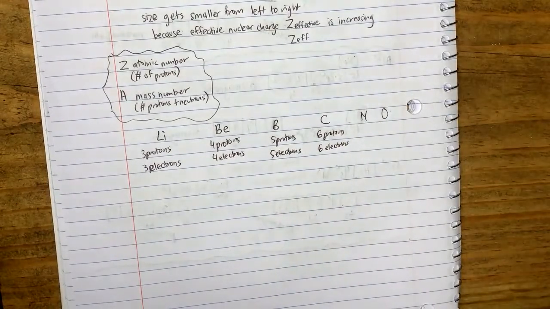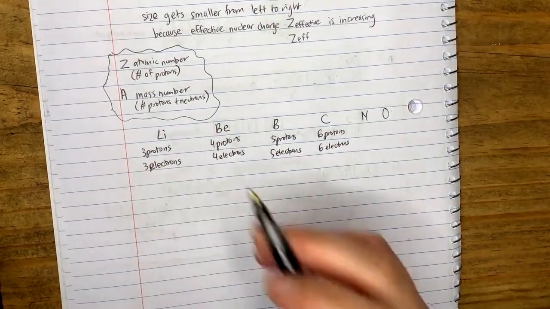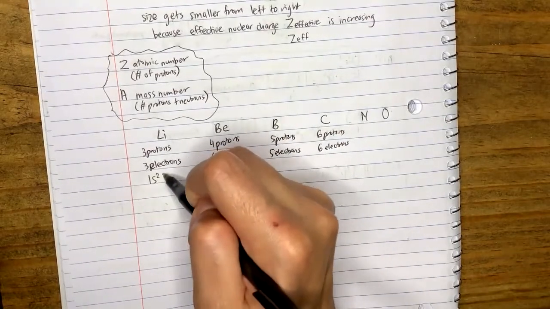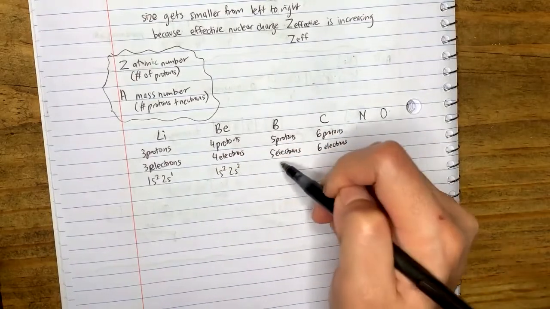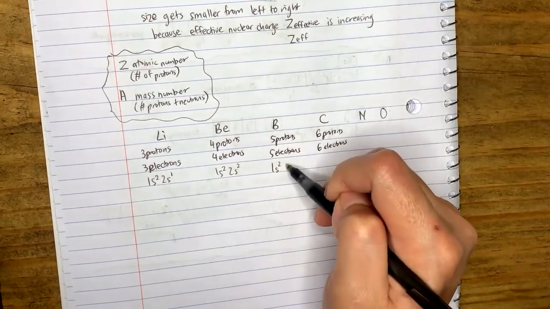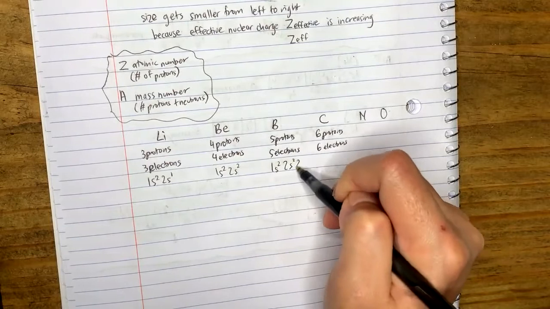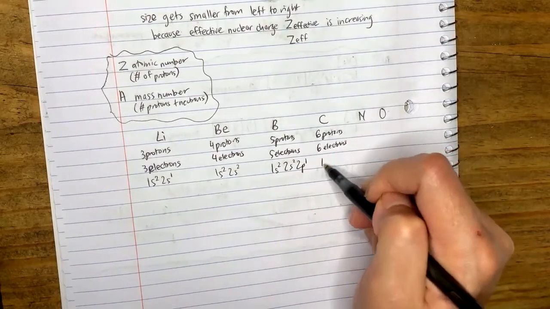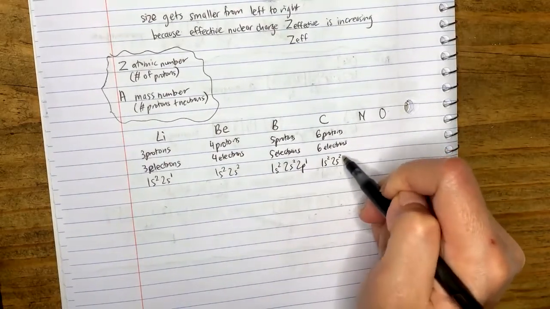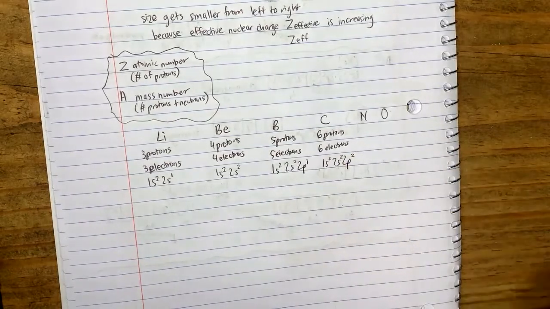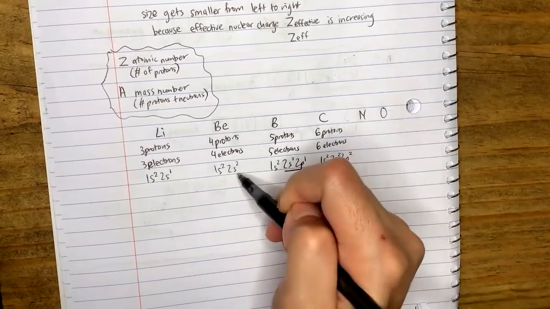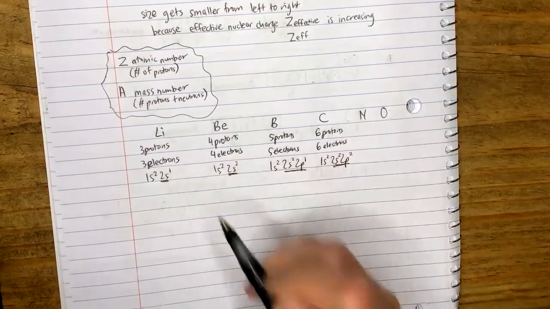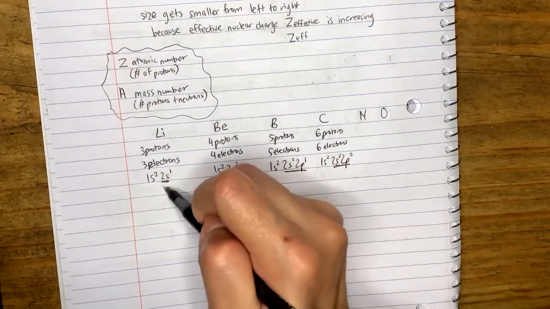Before I draw the picture, I need to know my electron configuration. Lithium is 1s2, 2s1. This one is 1s2, 2s2. This one is 1s2, 2s2, 2p1. This one is 1s2, 2s2, 2p2. The outside layers are my valence, so I underline the valence.